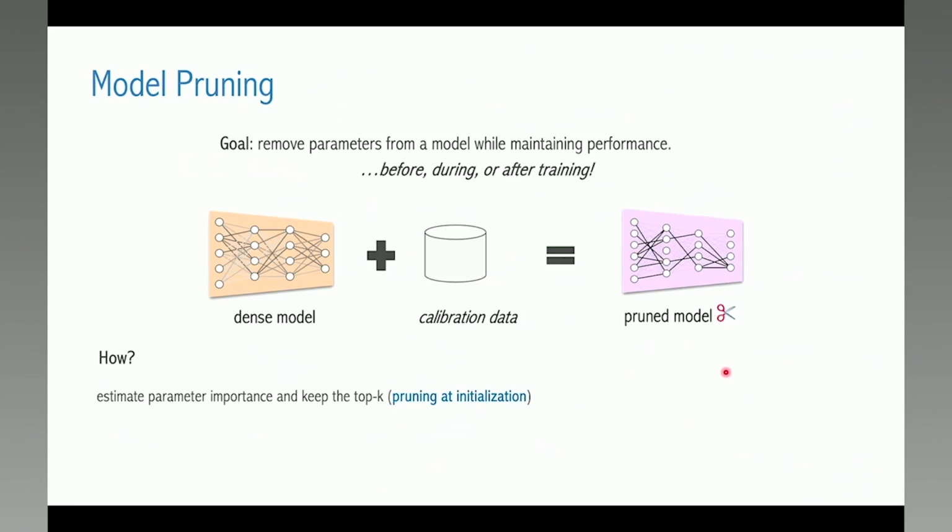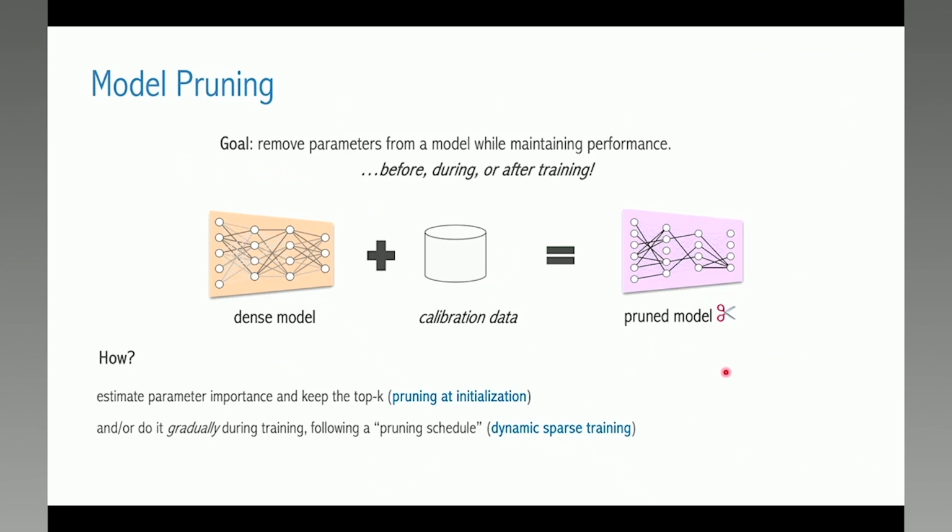The first approach is pruning at initialization, where we estimate some parameter importance and only keep the top K. A second strategy is dynamic sparse training. It's relevant in our work because it's the only strategy that was used when we started to work on this project for vision language models.